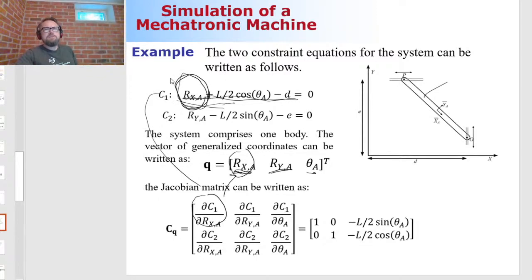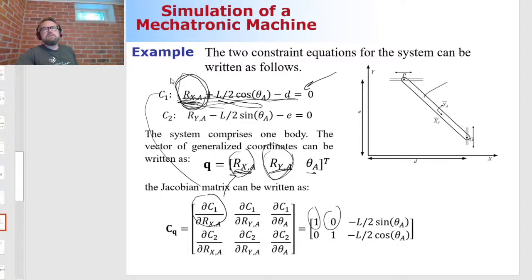So once you differentiate that with respect to Rx, you're going to get 1, because it's nowhere else in this equation. You take the same equation and you differentiate that with respect to Ry. Well, sorry that I made a mess, but Ry is not in this equation. So it's going to be 0.